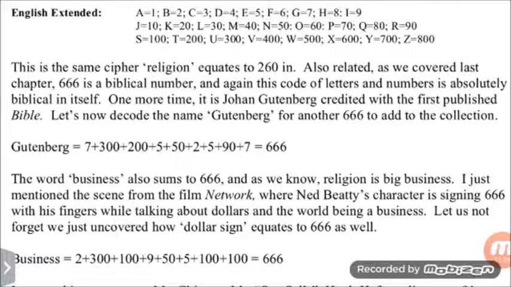Let's now decode the name Gutenberg for another 666 to add to the collection. Gutenberg equals 7 plus 300 plus 200 plus 5 plus 50 plus 2 plus 5 plus 90 plus 7 equals 666. The word business also sums to 666, and as we know, religion is a big business.